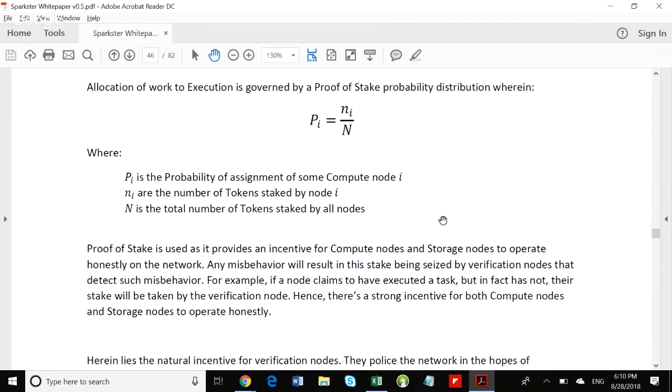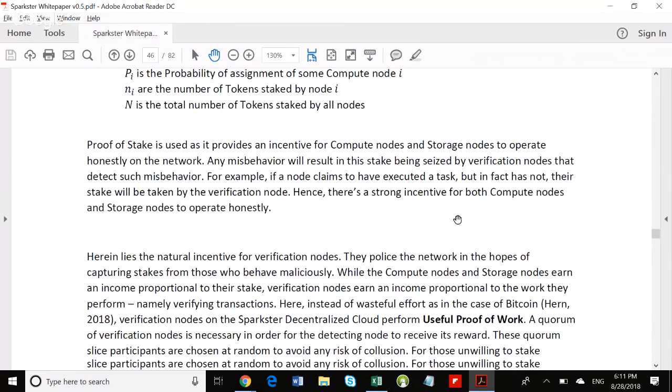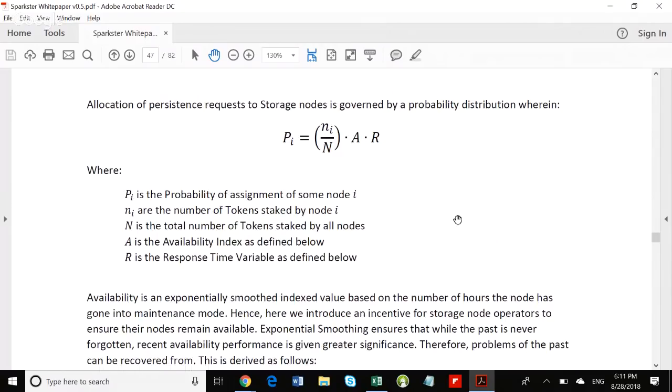So really what's happening here is that if you look at this, this is saying that the probability of you being assigned a transaction is a function of the number of tokens you stake, right? And what that really means is that we don't have a set threshold. So for example, you don't have to have 5,000 Spark tokens to spin up a node.